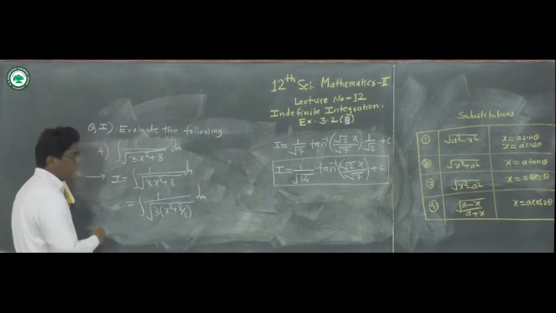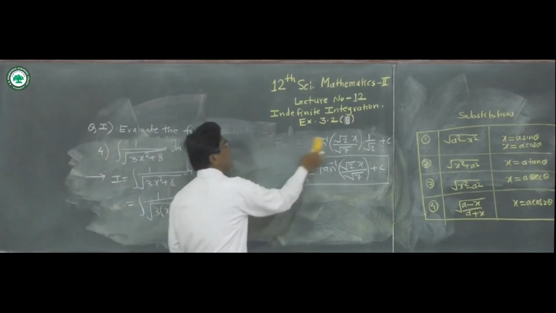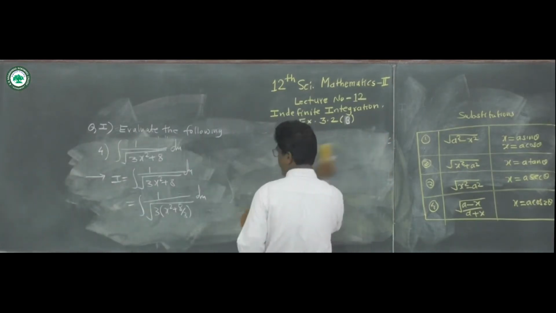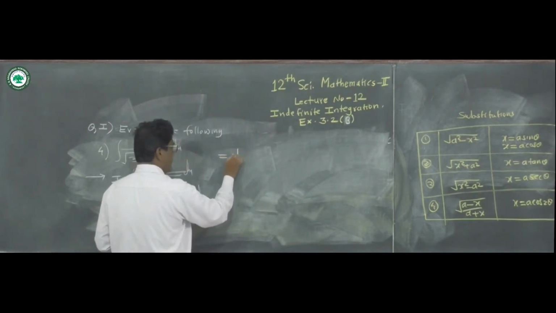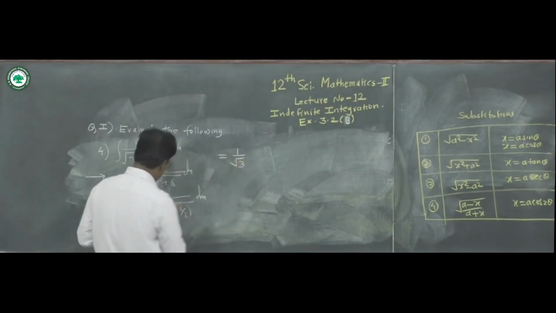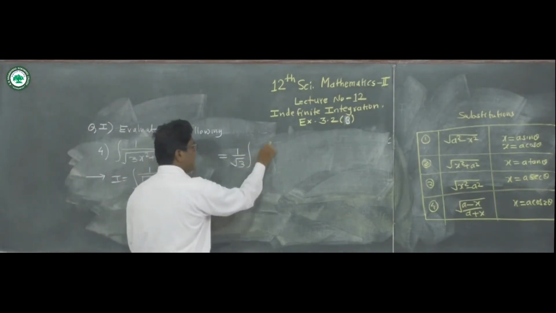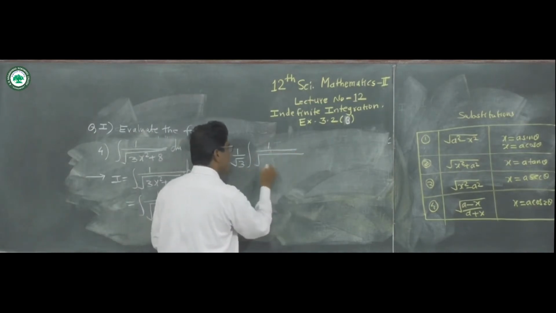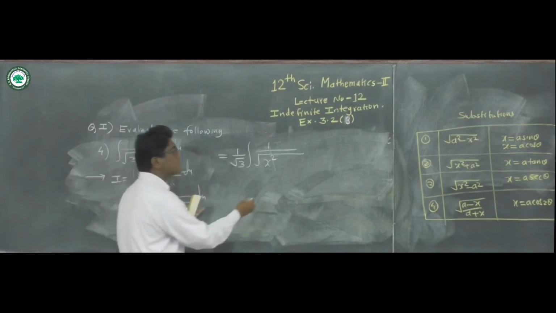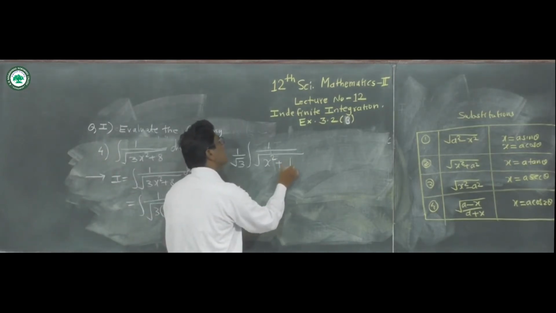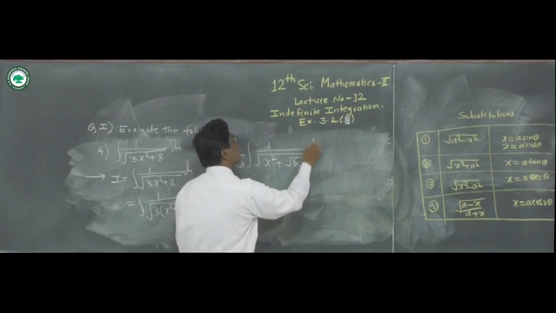Now take this root 3 outside the integral, so this is equal to 1 upon root 3, and integration of 1 upon under root of x square plus 8 upon 3, which we write as root of 8 upon 3 square dx.